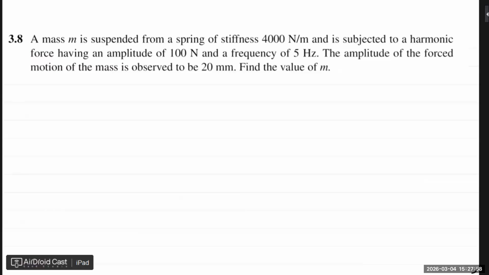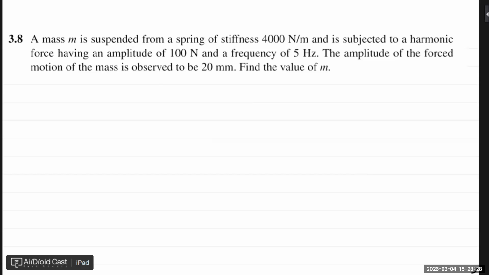They say here: a mass M is suspended from a spring of stiffness, and is subjected to a harmonic force, having an amplitude of 100 newtons, so that's that F0, because that's the beginning, and a frequency of 5. The amplitude of the forced motion of the mass is observed to be 20 millimeters. Find the value of M.